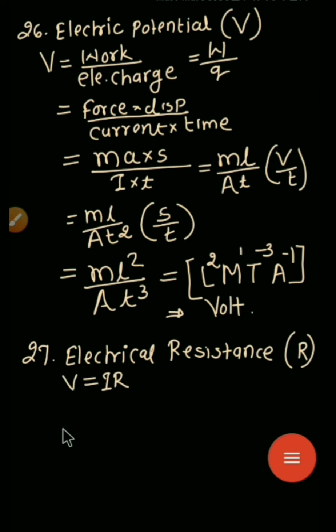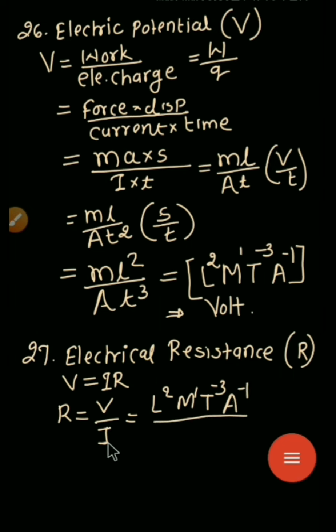So from this we can write R is equal to V by I. For V we have just found the dimensional formula, so directly we can write L square M1 T minus 3 A minus 1 upon I. I is nothing but what?